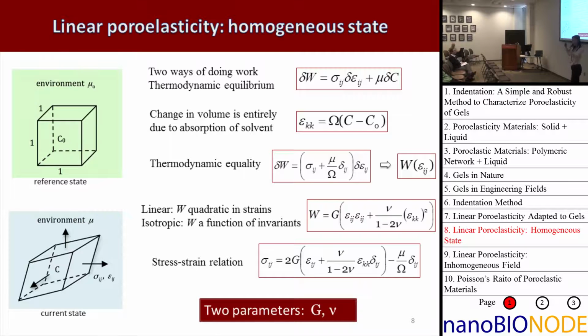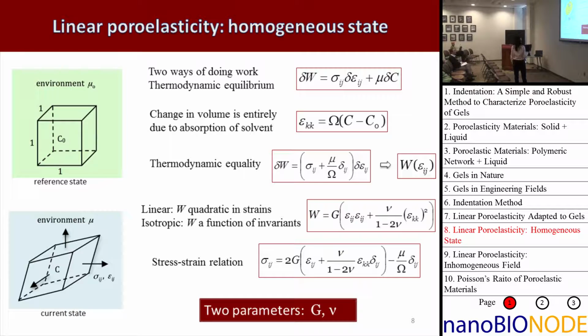Recall your solid mechanics class, there are two invariants. One is epsilon_ij epsilon_ij, the other is epsilon_kk, right? So we only need two parameters to represent this free energy function. If you write it in this way, these two parameters are shear modulus and Poisson's ratio.